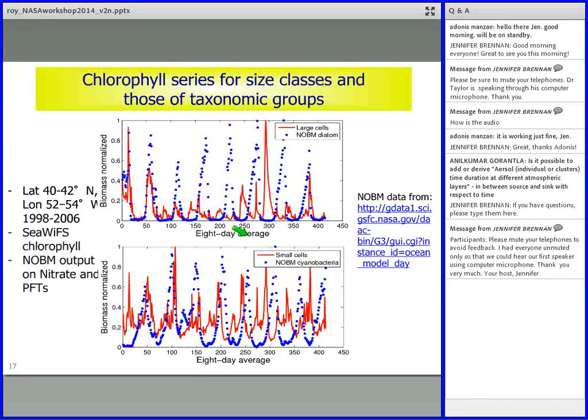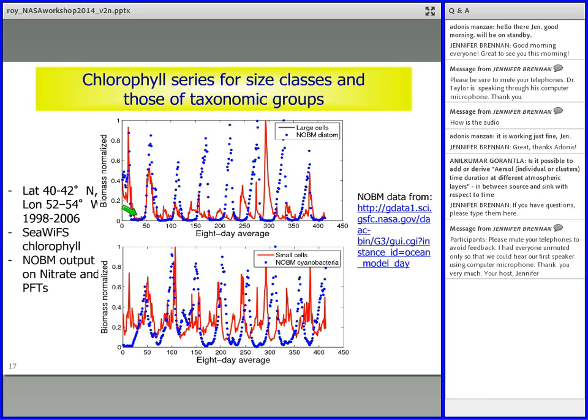We then compared our estimates at different size levels to the existing phytoplankton functional type models. In particular, here we compared our results with the NASA Ocean Biogeochemical Model. What we did is compute the total chlorophyll for the large cells and compare it with the concentration of diatoms from NOBM.